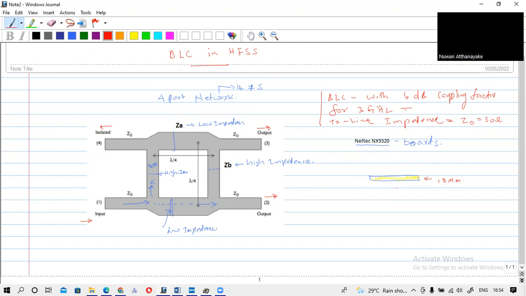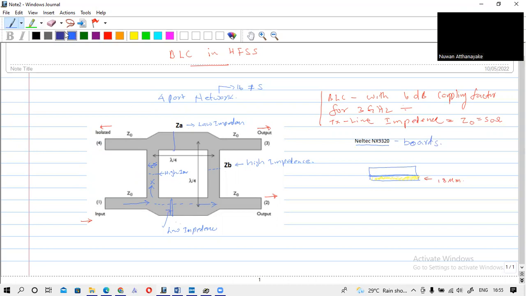This thickness also impacts our design, but we won't consider it because it is very low and will not impact much on our design. And also we have another dielectric material like this, on top of the copper plate.